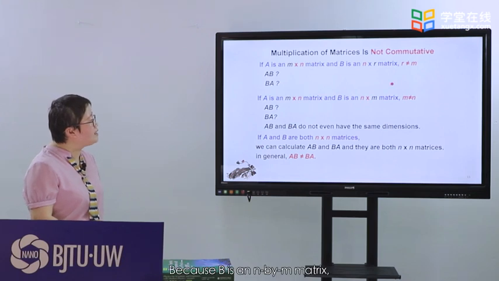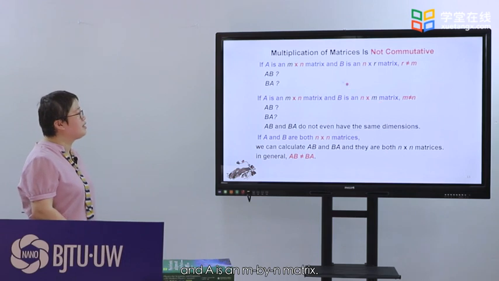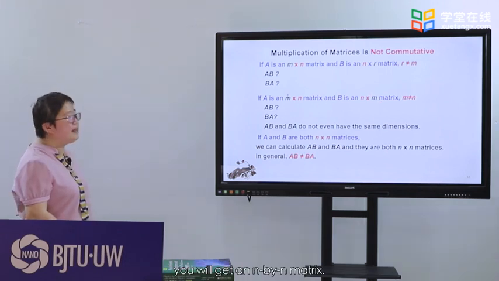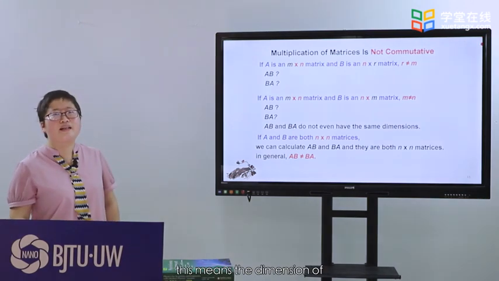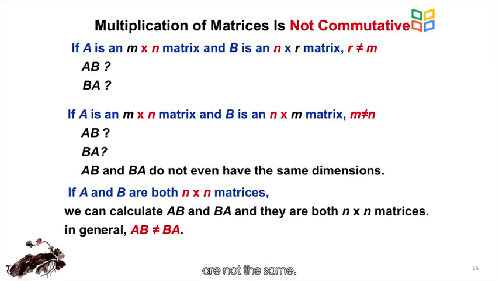Because B is an n by m matrix and A is an m by n matrix, B times A gives you an n by n matrix. Because m does not equal n, the dimensions of these two multiplications are not the same. Of course, you cannot write AB equals BA. So matrix multiplication is not commutative.